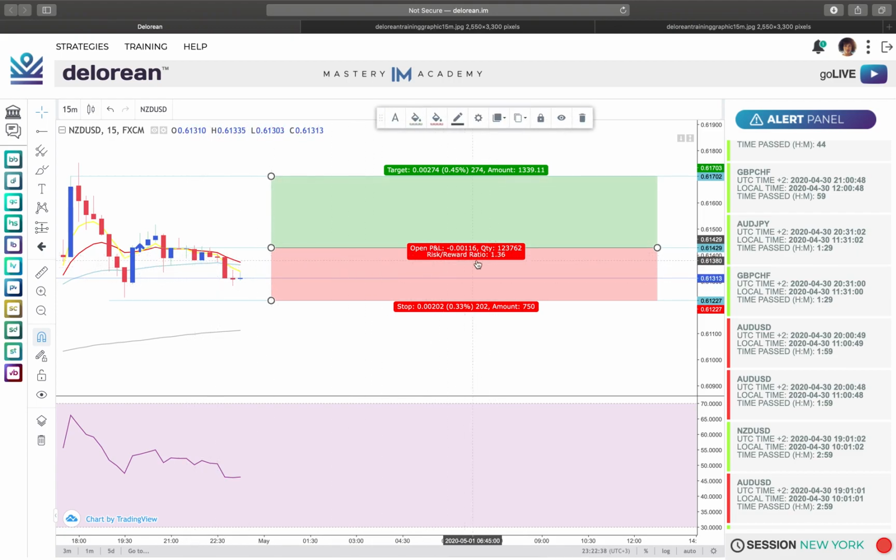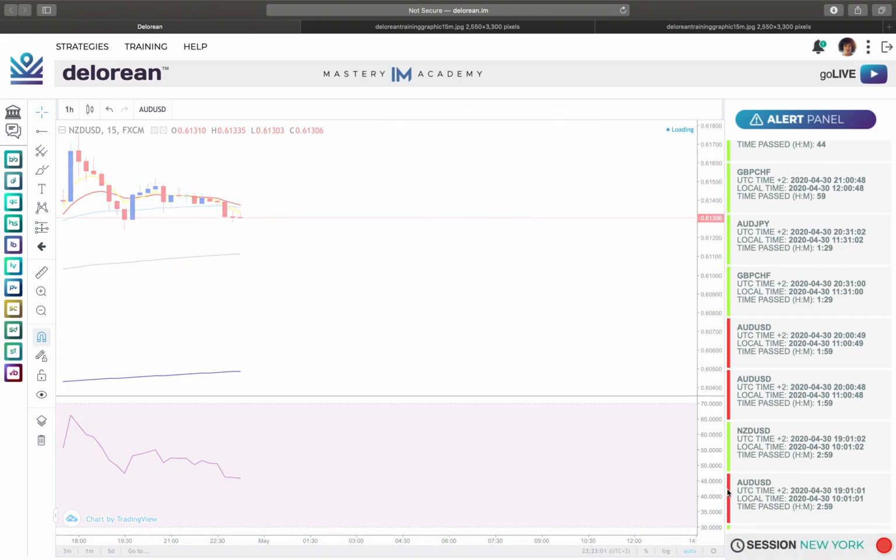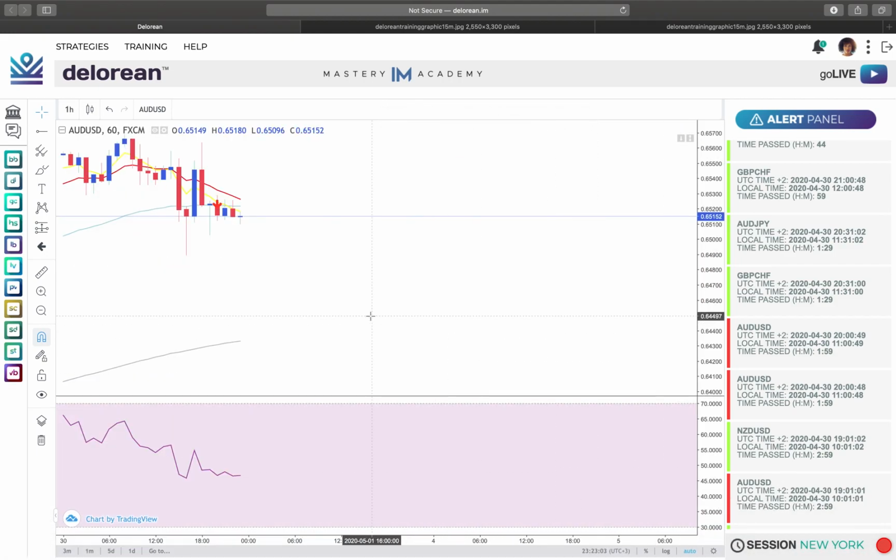We are risking a little bit less, but we're not risking a lot less than we're gaining, making this a poor opportunity to trade. So again, you would not look to trade this example. Okay? Moving forward now.